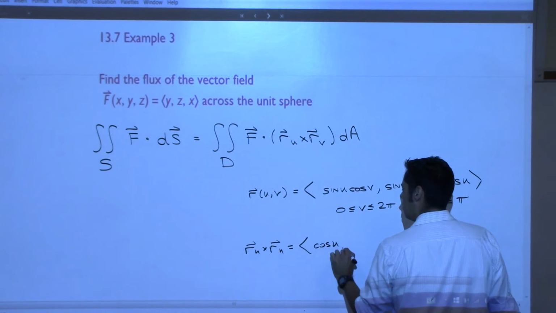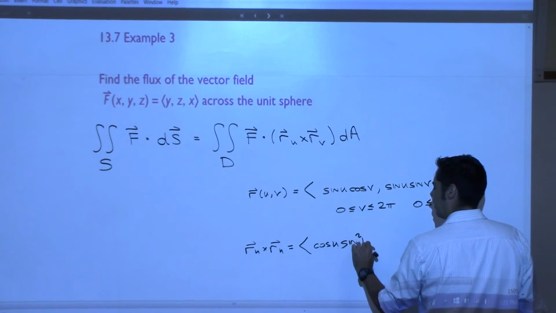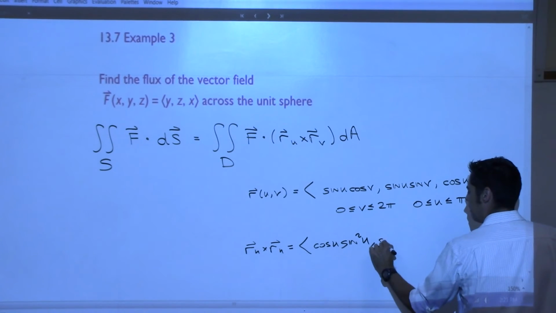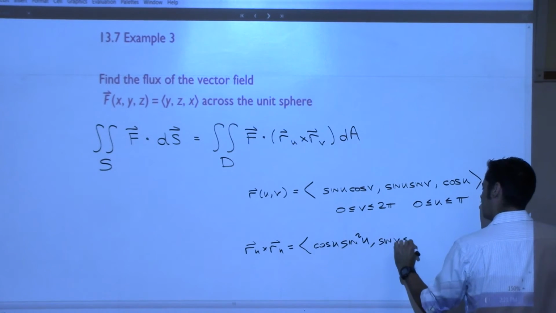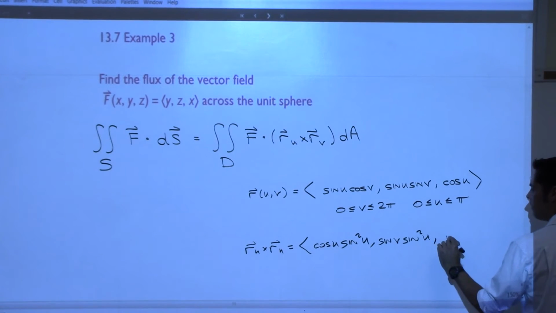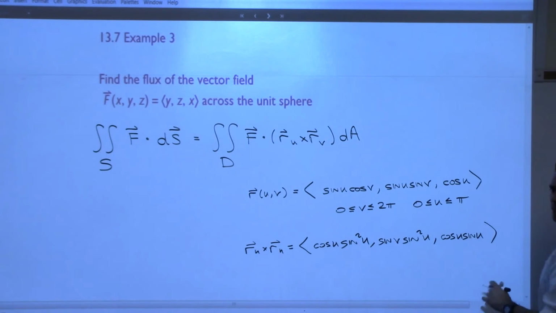Cosine u, sine v, sine squared u, and then for the z, it's cosine u sine u. Can I get a second on that? Anyone agree? Yes? Okay, good.